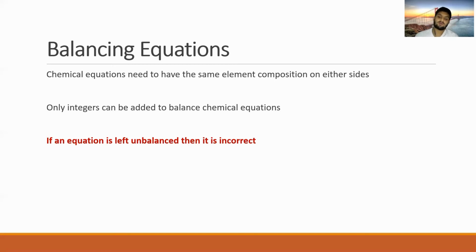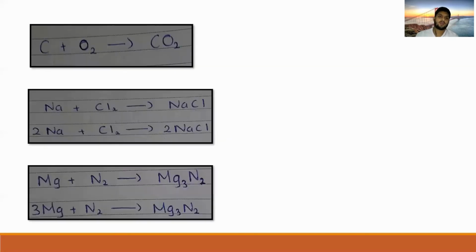Okay, so let's look at some examples. Here we have the first example where we are reacting carbon and oxygen. When we react carbon and oxygen, you get carbon dioxide. Now in this first reaction, the reaction is already balanced. That means the composition of the elements on the product side and the composition of the reactants is the same.